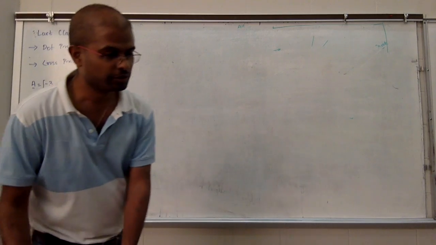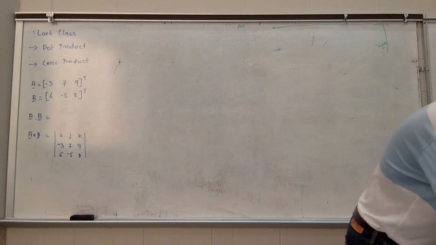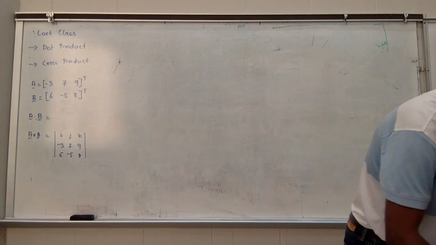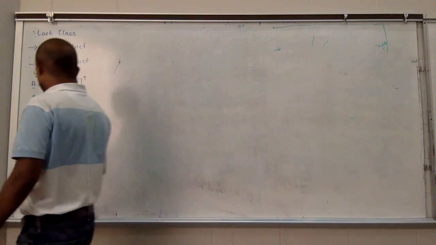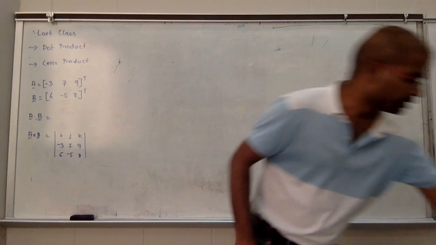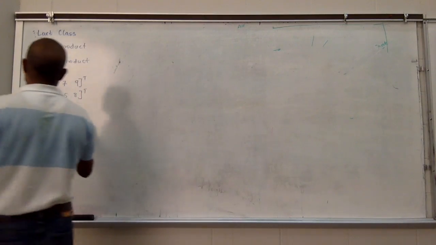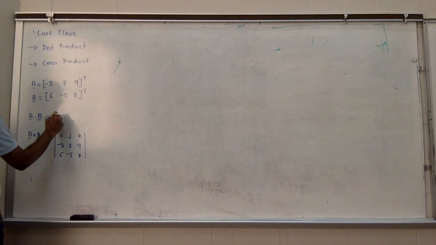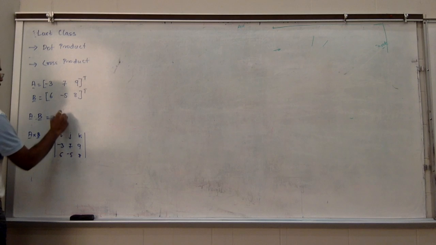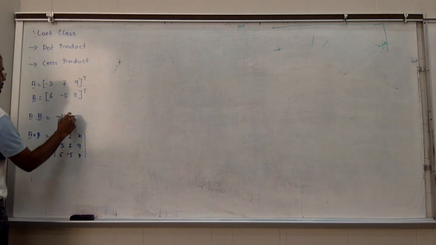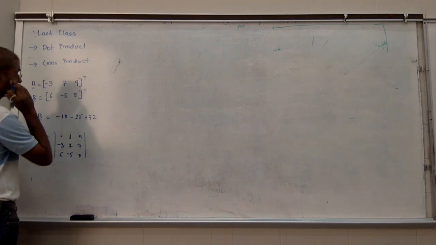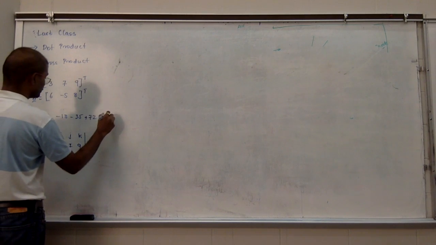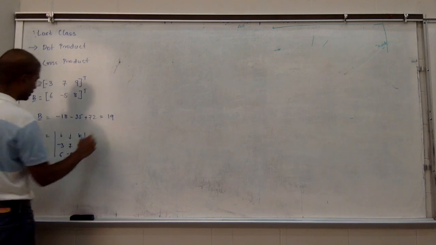Okay, it's very simple. And MATLAB is going to be available on machines in the flight lab. So this is A dot B, simply negative 18, 35, right? So this is equal to, and this is equal to.